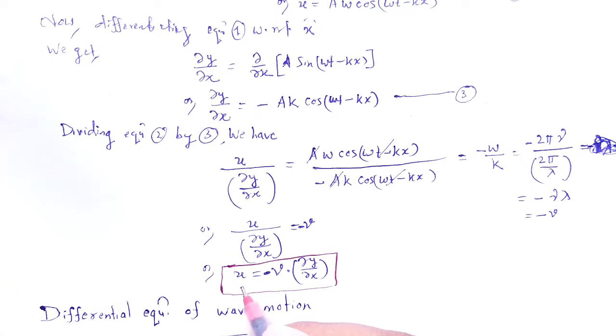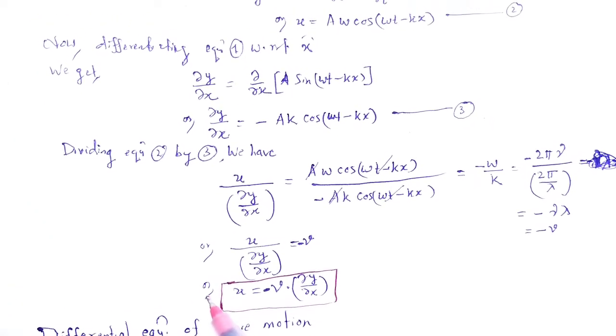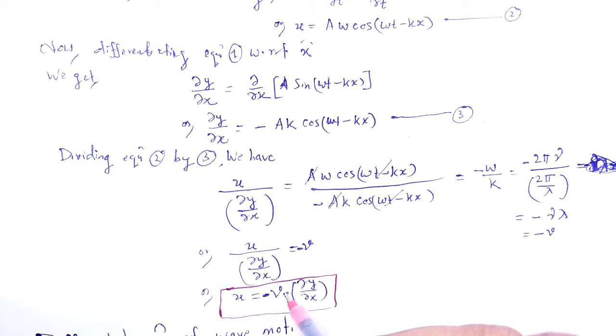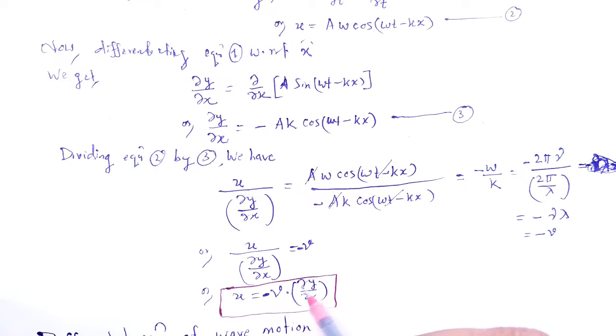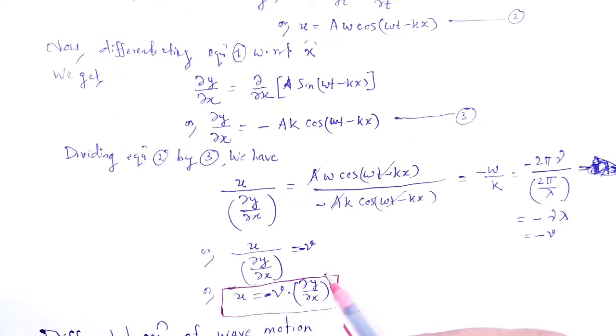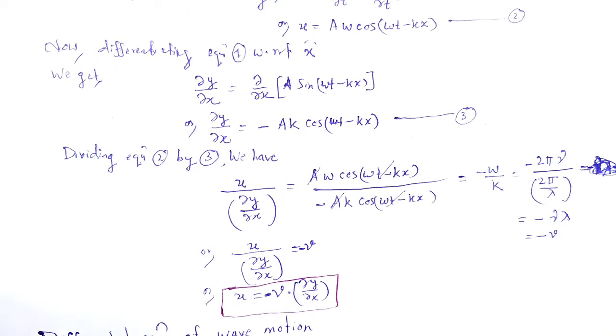u is the particle velocity, v is the wave velocity, and del y by del x is the slope of the displacement curve at point x.